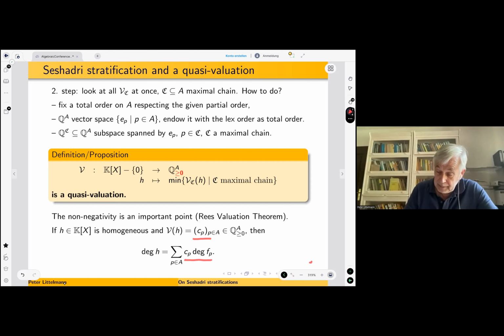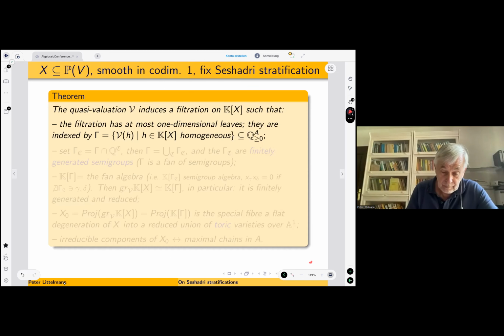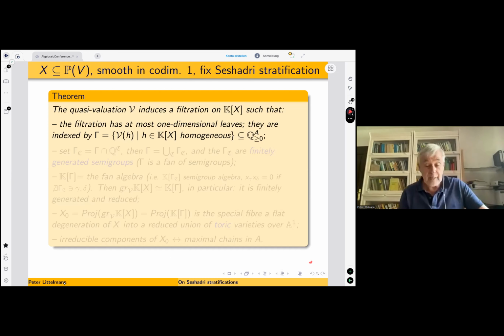So in this way, we get back the degree of my homogeneous function. Okay, so what is this quasi-valuation good for? A quasi-valuation induces a filtration of my homogeneous coordinate ring. Actually, in some sense, quasi-valuations and filtrations are different words for the same thing.